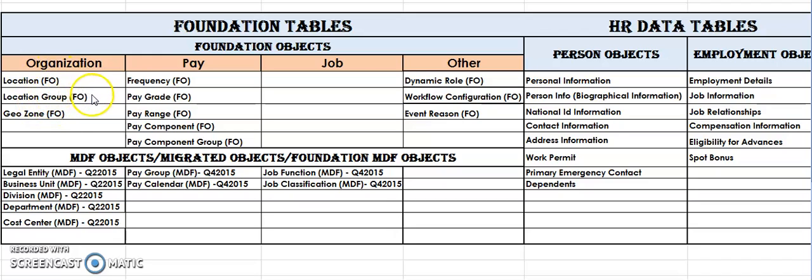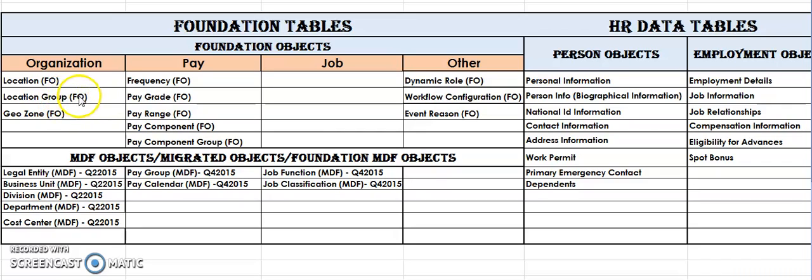The company is present across these locations, and the location group can be the particular state of that group, and the geo zone can be South India, North India, Central India, East India, West India, like that. Just for your understanding, I am telling you, geo zone is a broader term where the company is present across various locations, and the location group is within the geo zone.